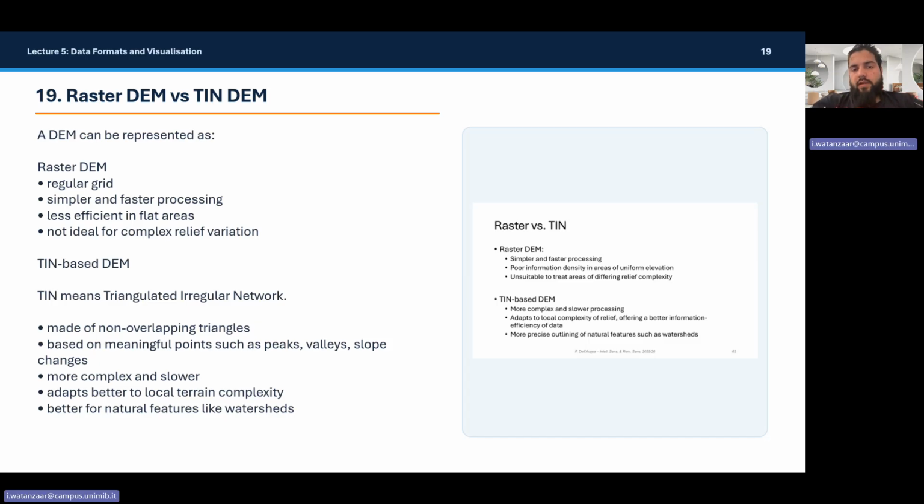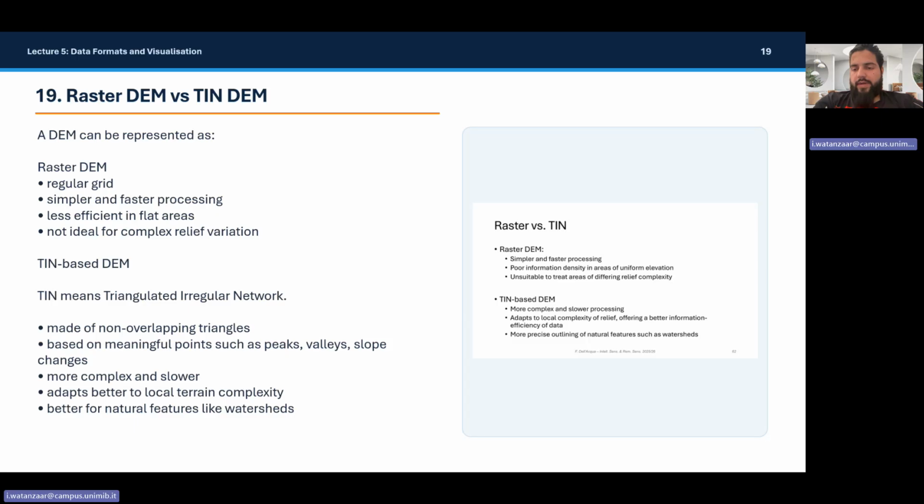So for complex relief variation, we have another one, the TIN DEM, where TIN means triangulated irregular network. It's made of non-overlapping triangles. It is exactly triangles on the map, but they are not overlapping each other. It is based on meaningful points such as peaks, valleys, slope points, or slope changes.